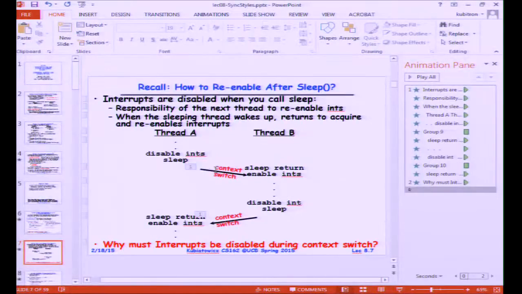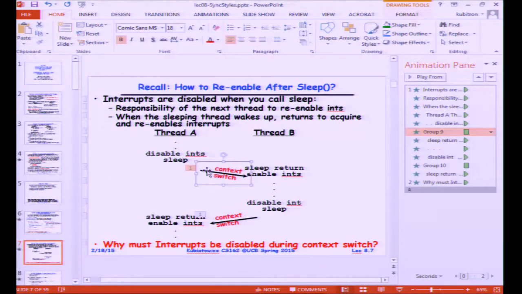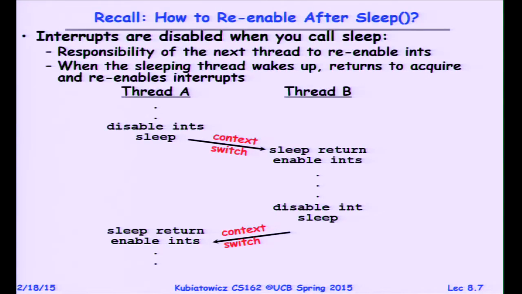By the way, that got out of position there a little bit. Better. Then what actually happens is it's the next thread that runs that re-enables interrupts. Because obviously if we left interrupts off and went to sleep and nobody else re-enabled them, we're in the same problem we were before.